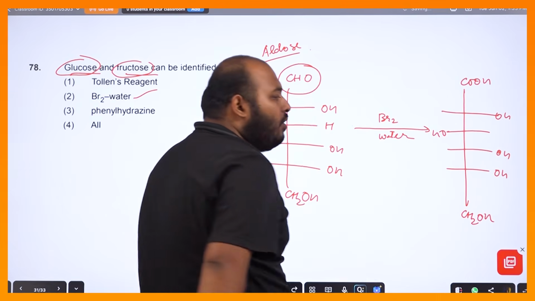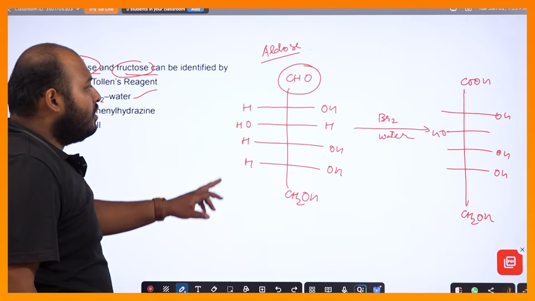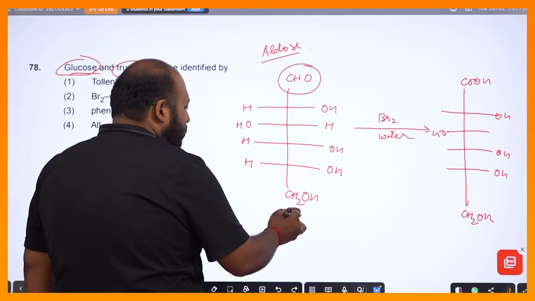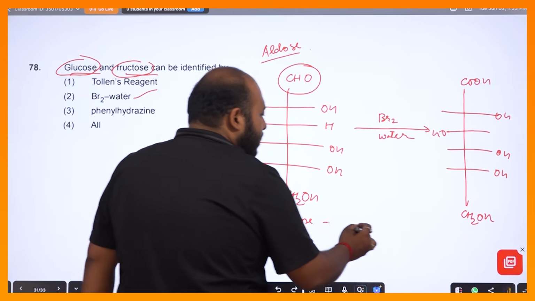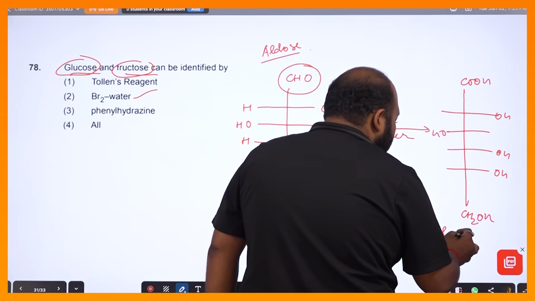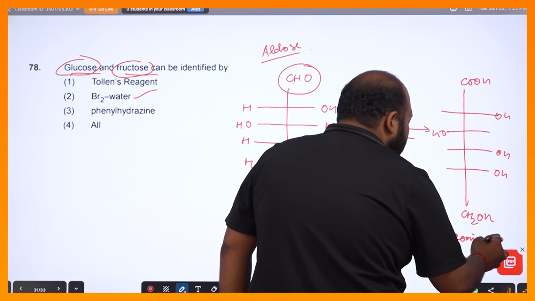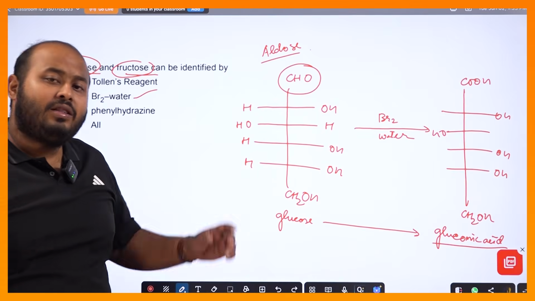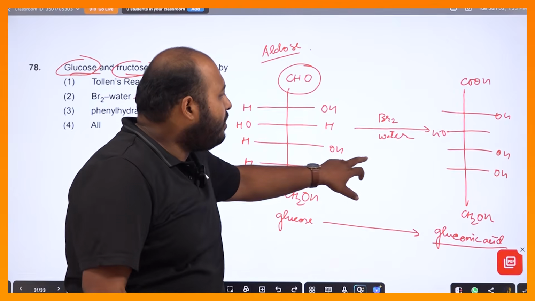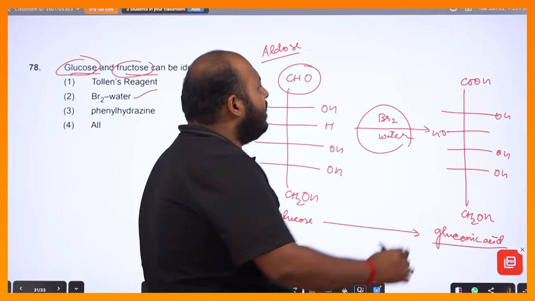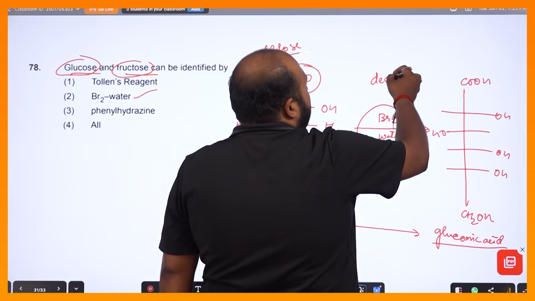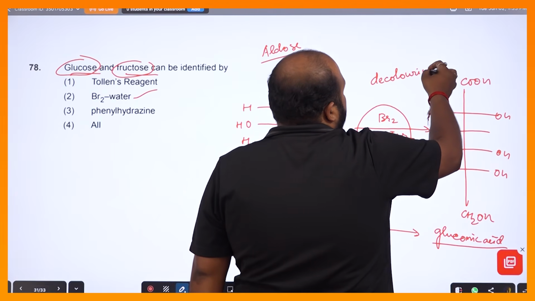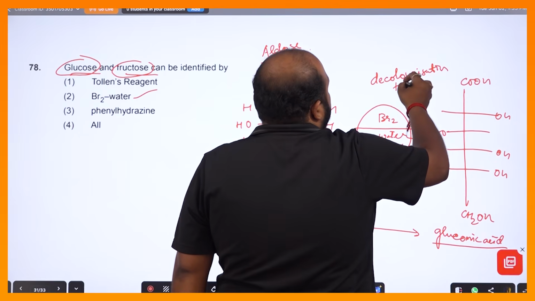From glucose, it will get converted to gluconic acid, and during this oxidation process, the bromine water gets decolorized. Decolorization takes place.